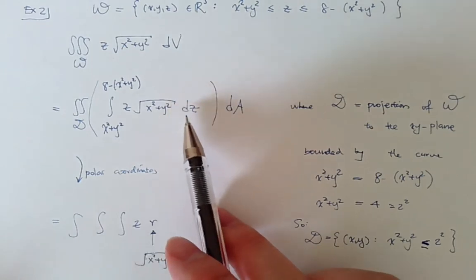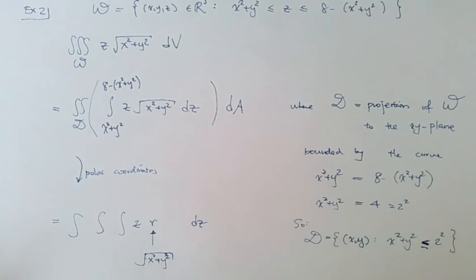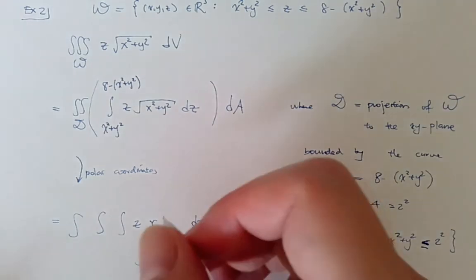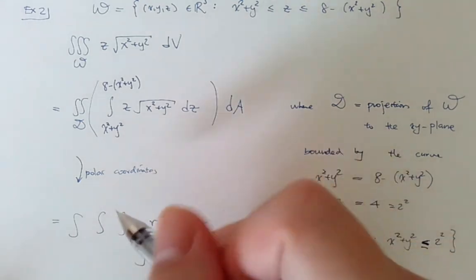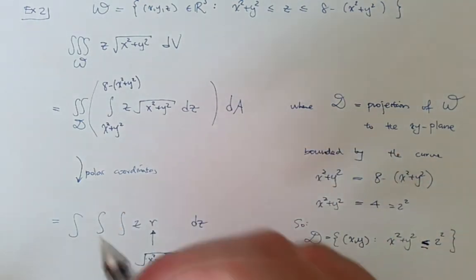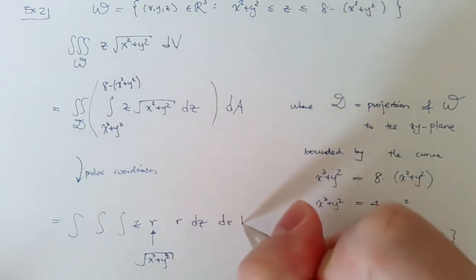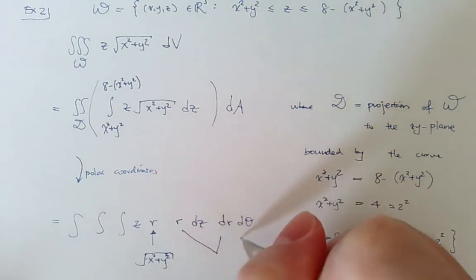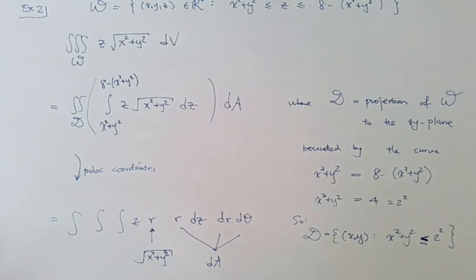We still have a dz. And then I will stick another r in here and then dr d theta, where the r dr d theta comes from dA for polar coordinates.